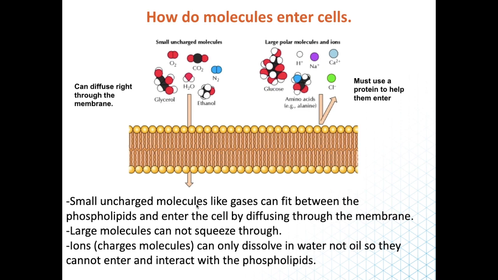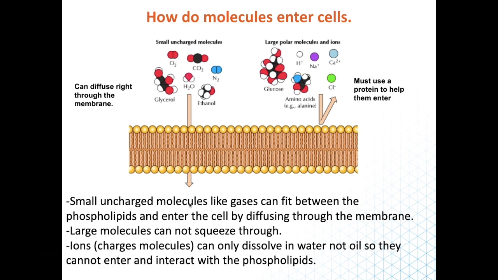However, if you were an uncharged molecule and you were large, you wouldn't be able to pass through this membrane just because you wouldn't be able to squeeze through all of this area without actually breaking the membrane, right? So you have to remember, small uncharged particles can pass straight in and out of the membrane.